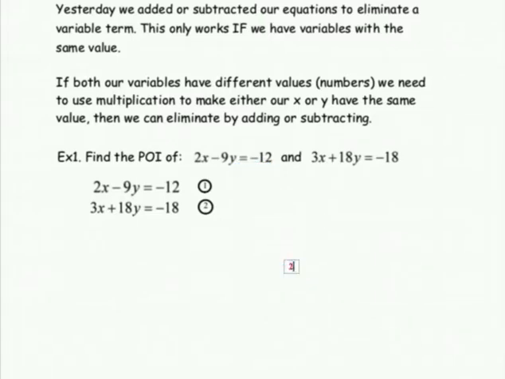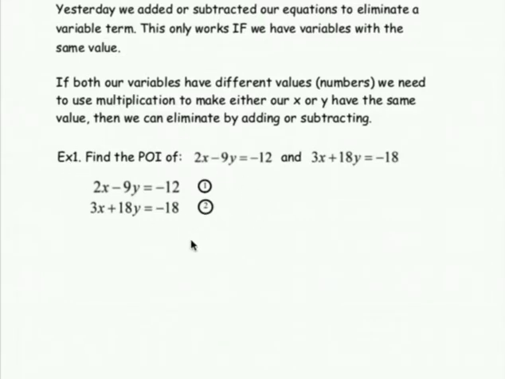So we're not always gonna see 2x plus 5y equals 0 and negative 2x plus 6y equals 1, right? Where we can easily add them together and automatically get rid of the x value. We're going to see some that look a little bit like this.